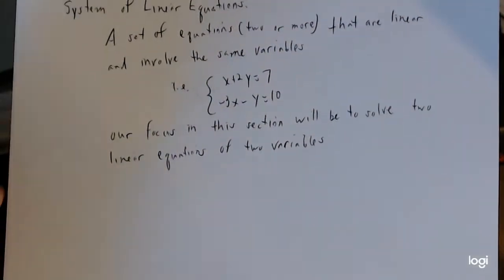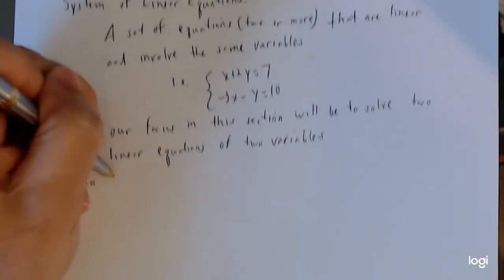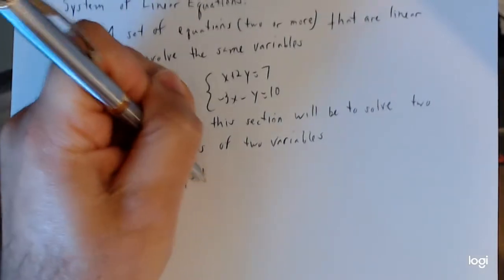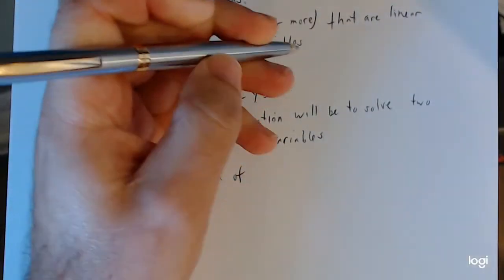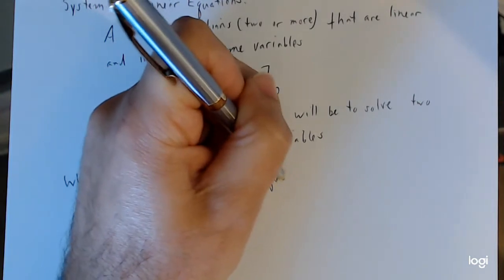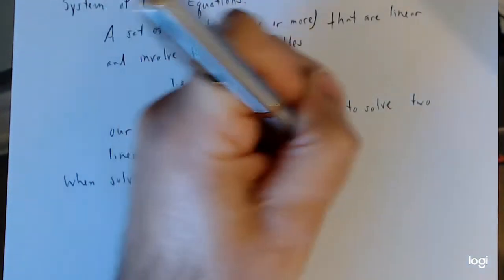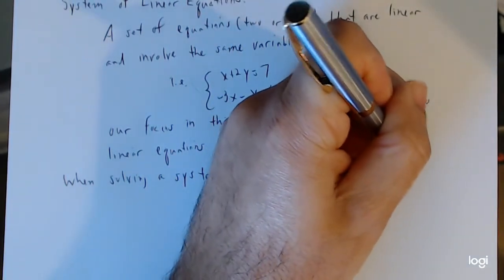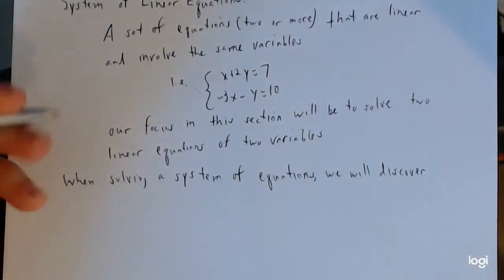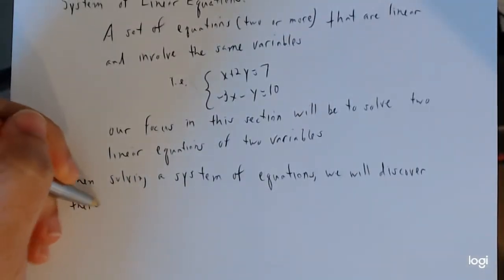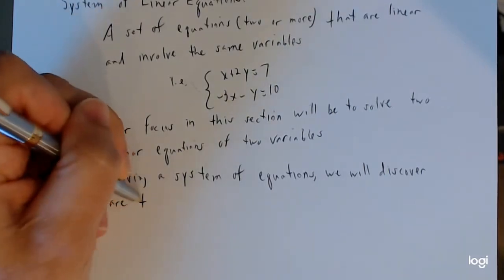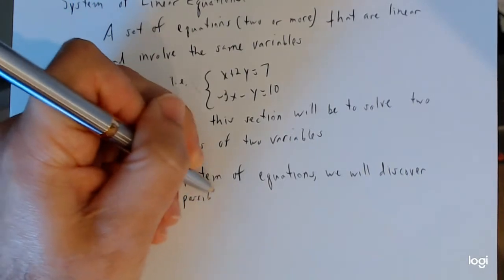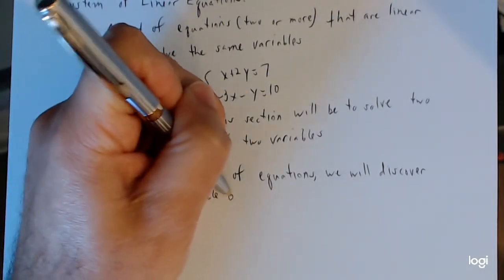When solving a system of equations, we will discover there are three possible outcomes.